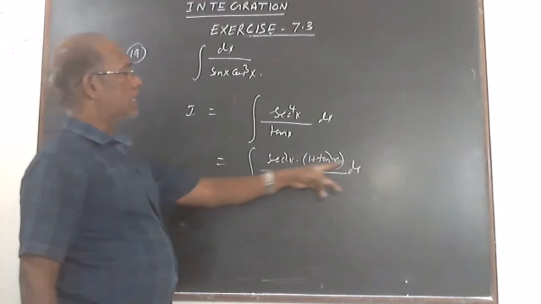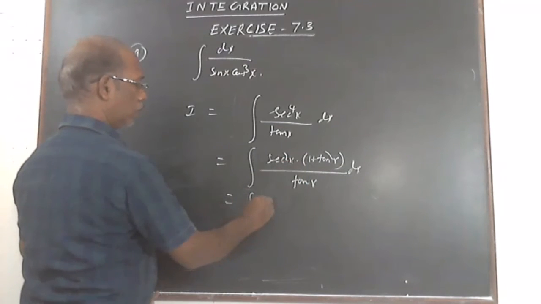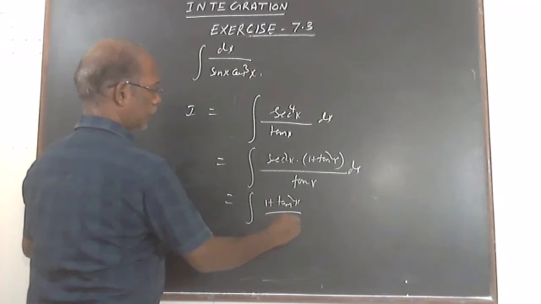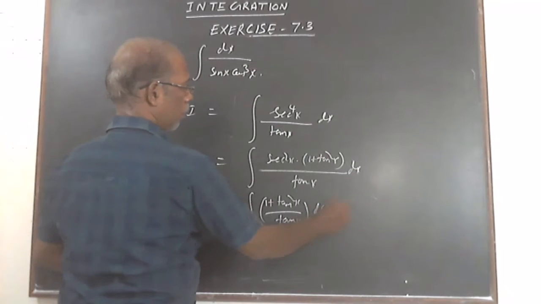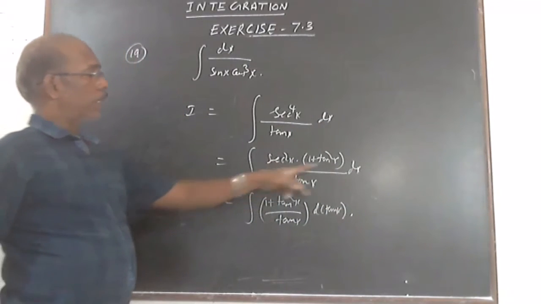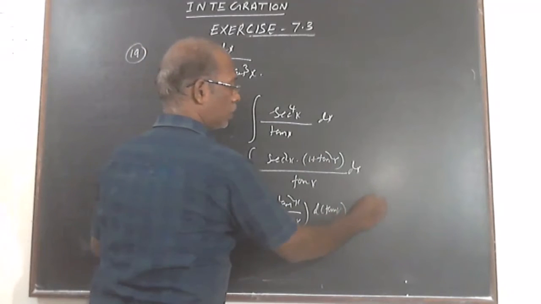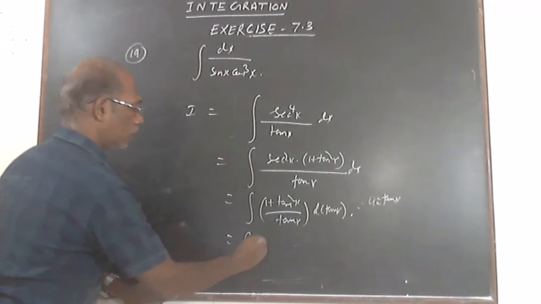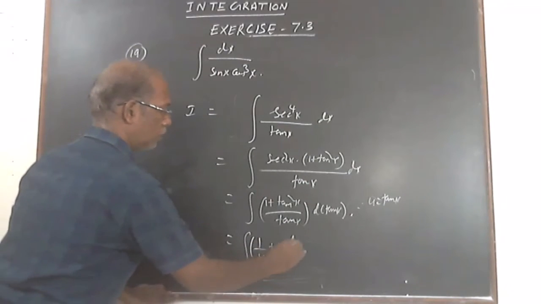This secant square x dx is the derivative of tan x. So 1 plus tan square x by tan x, in the d of tan x. Secant square x dx is the differential of tan x. If we take u equal to tan x, this can be written as 1 by u plus u, du.